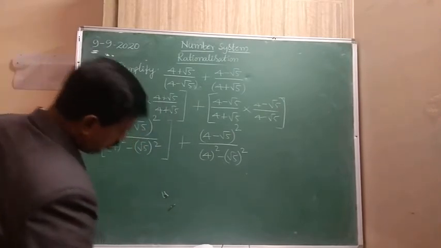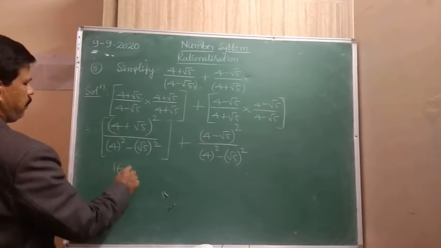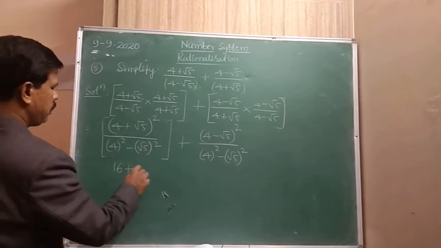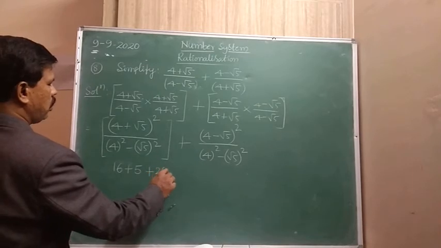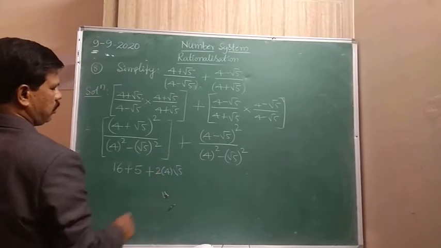Anyhow you know the a plus b whole square. 4 square is 16 plus root 5 whole square is 5, plus here is 2 into 4 into root 5.